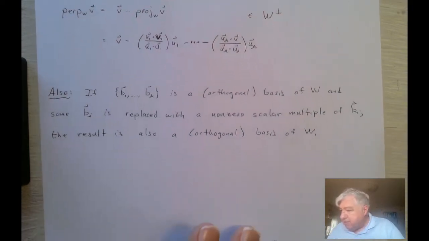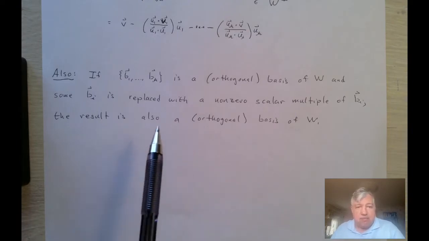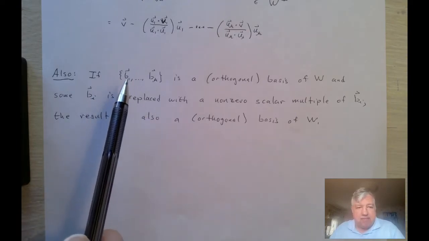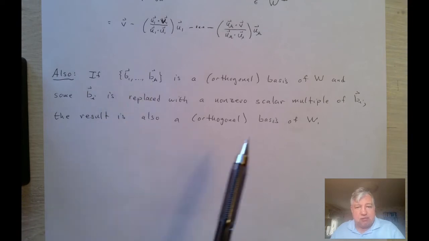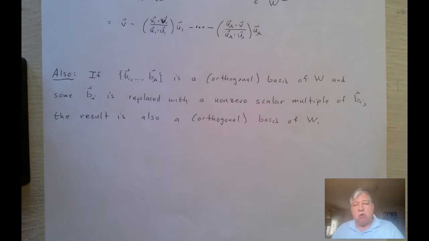Also, I want to mention that if we have any basis of a subspace, we can replace any of these vectors with a non-zero scalar multiple of it, and it's still a basis. It's not hard to see why that is.